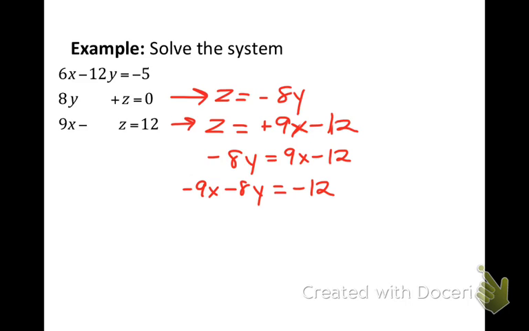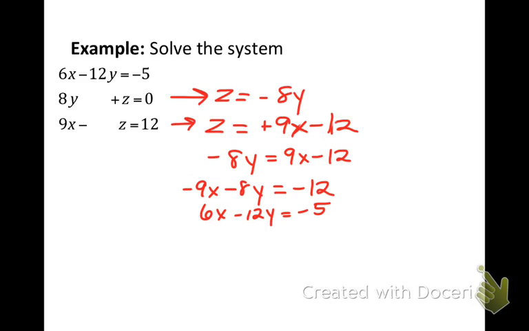Now let's bring line 1 down below that. 6x minus 12y equals negative 5. What could you turn 9 and 6 both into? 18, right, would be the smallest. You could go to 54, just deal with bigger numbers.